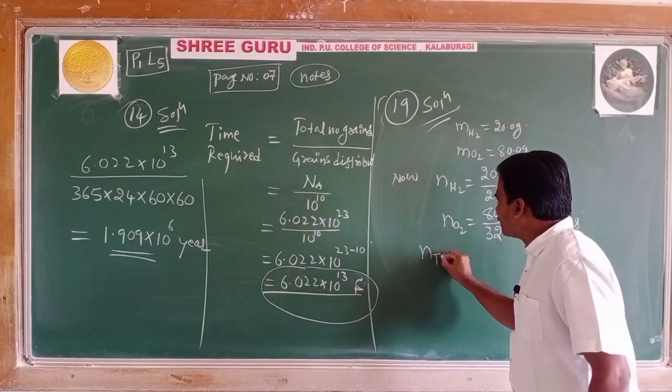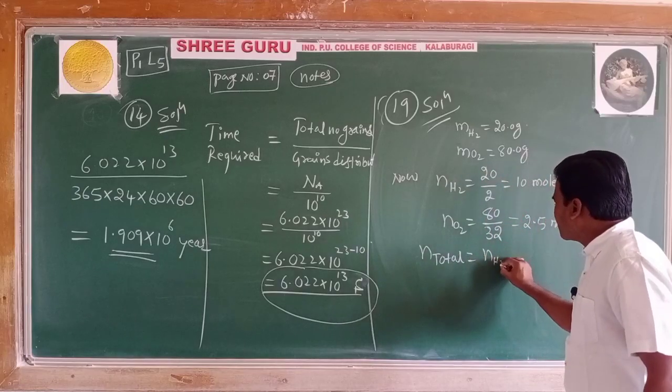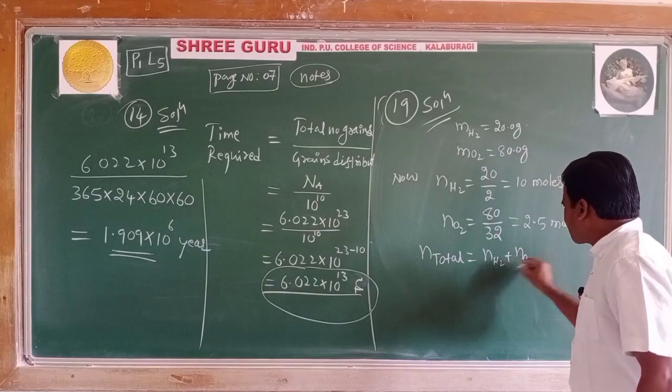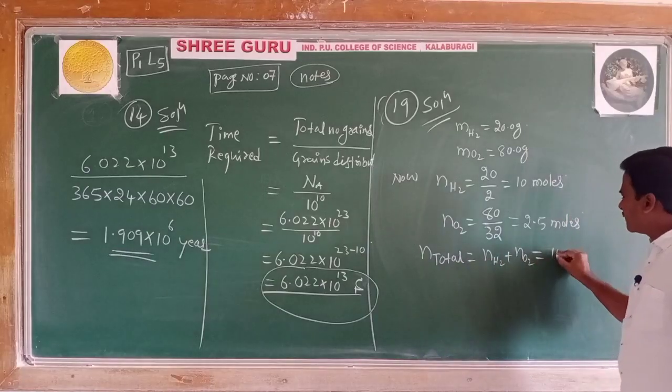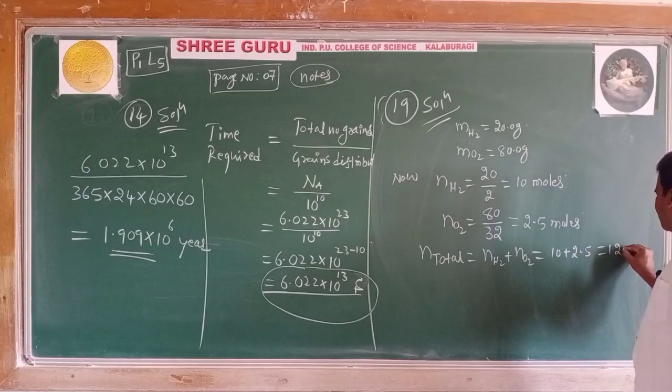Total number of moles, n total, equals number of moles of dihydrogen plus number of moles of dioxygen, 10 plus 2.5, which is 12.5.